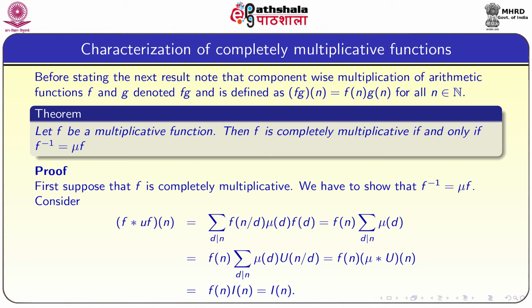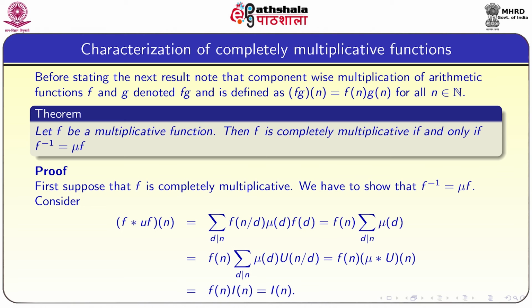That is, f and g are two arithmetic functions, then component wise multiplication is denoted by f g, defined as f g of n is equal to f of n into g of n for all n belongs to N. So, the theorem statement is, let f be a multiplicative function, then f is completely multiplicative if and only if f inverse is equal to mu into f, mu is the Mobius function. So, this theorem says when f becomes completely multiplicative, given that f is a multiplicative function.